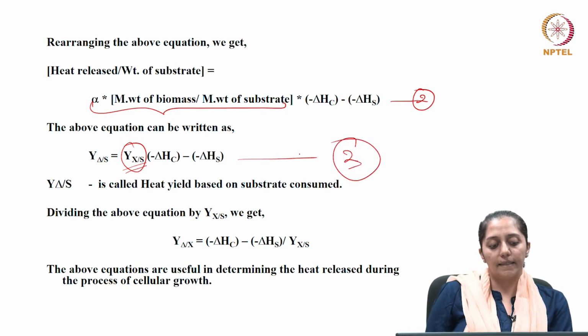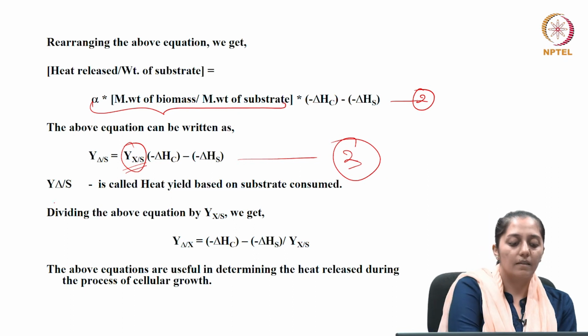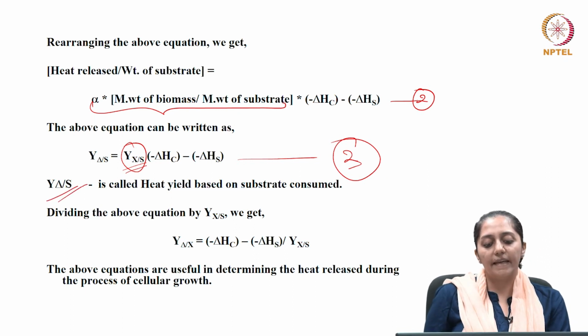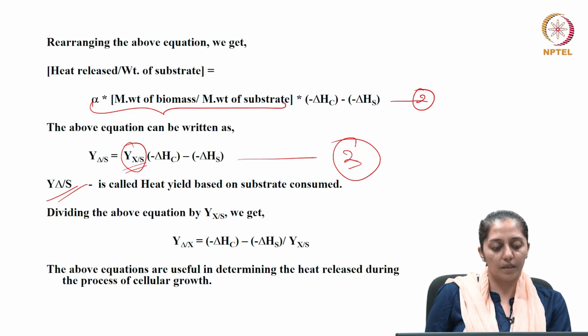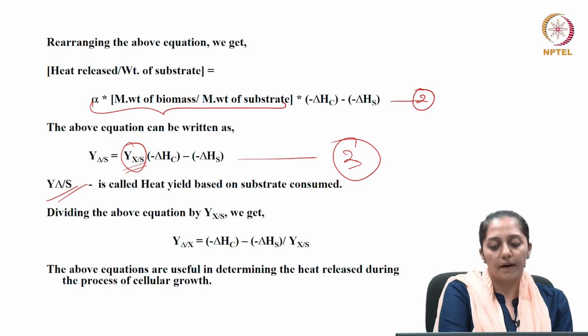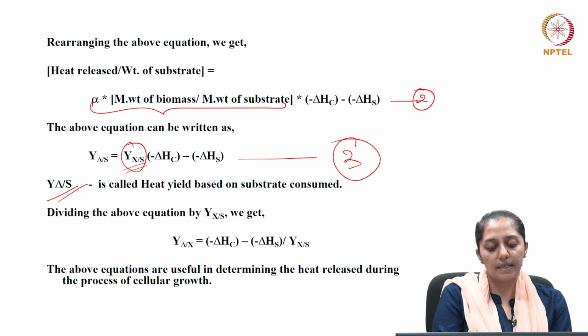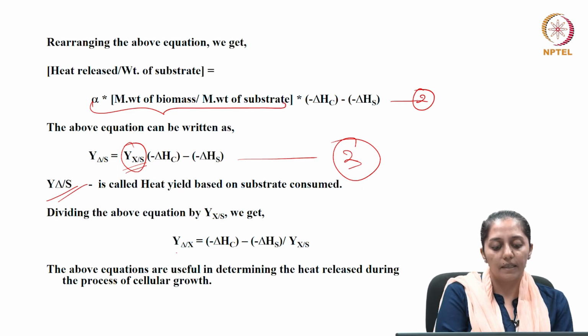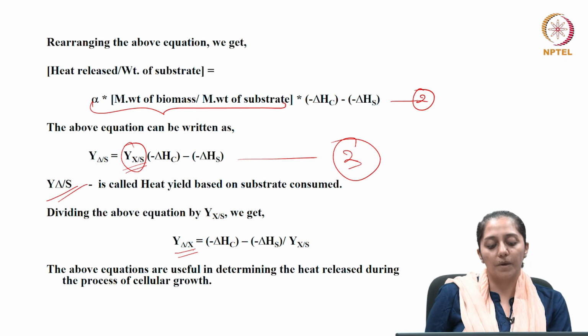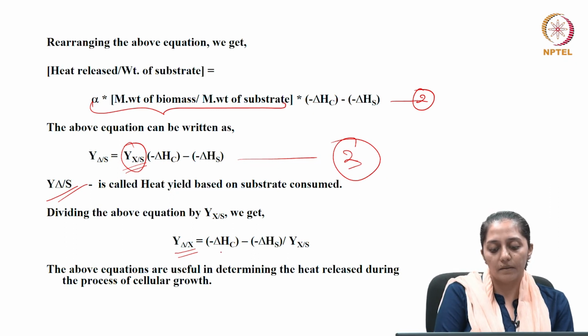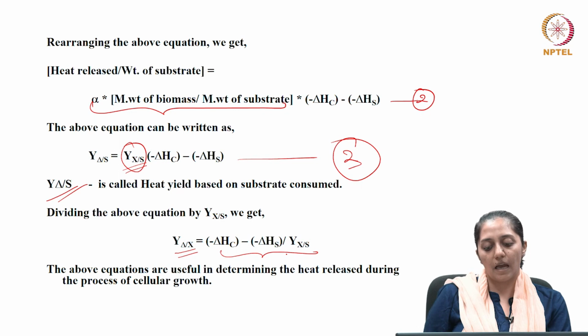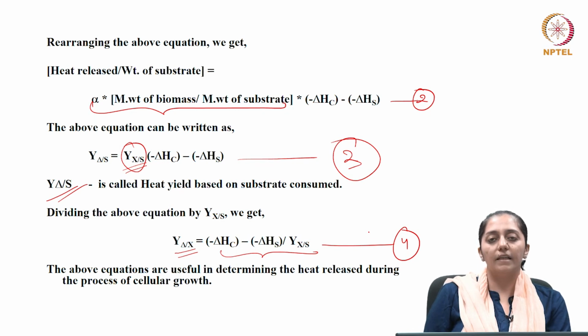This factor is called the heat yield based on the substrate consumed. Now, if we divide equation 3 by Yx by S, then we will get the heat yield per unit biomass produced, and the equation will be rearranged as shown in equation 4. Now, this can be useful in determining the heat released during the process of cellular growth.